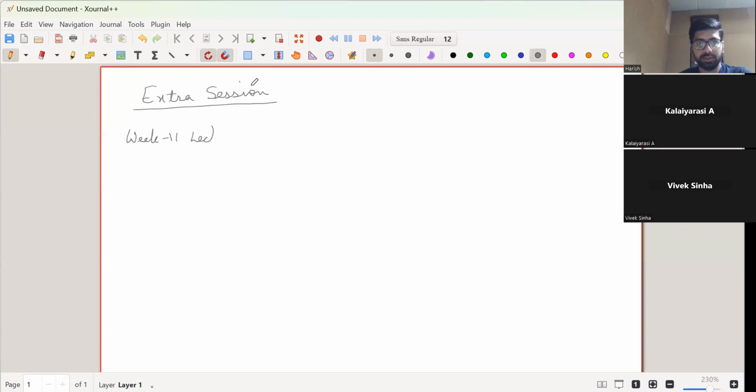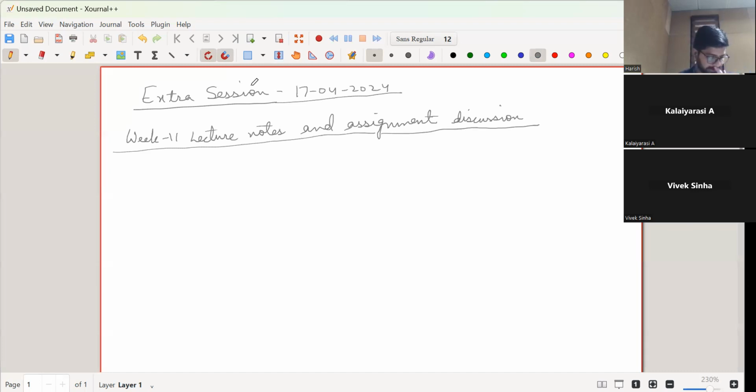11, so notes and assignment discussion. We will start with some properties of tensor product that were covered in lectures 1 and 2.